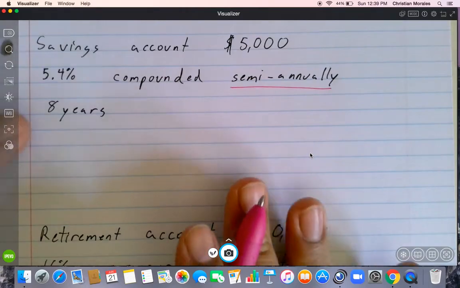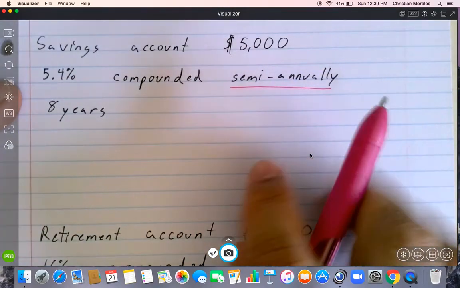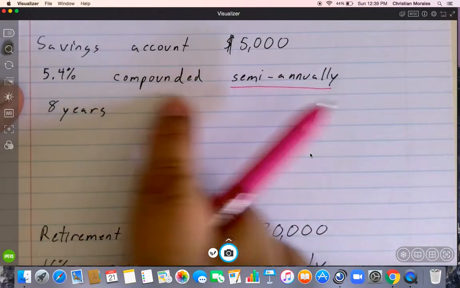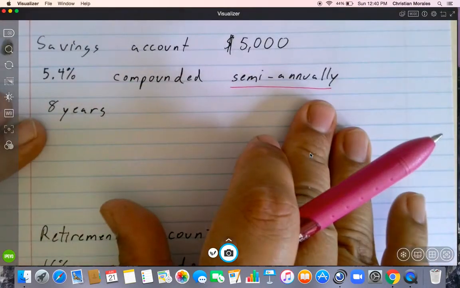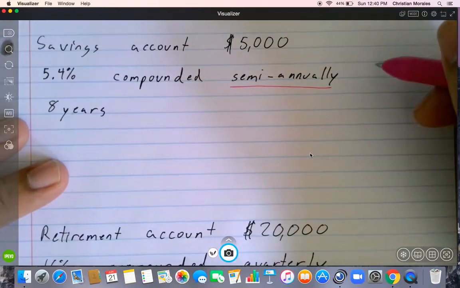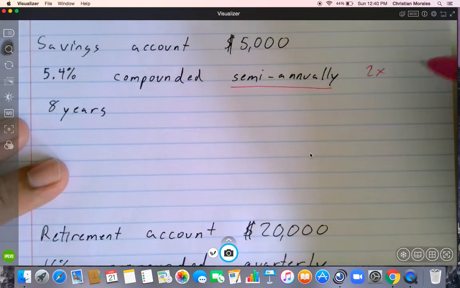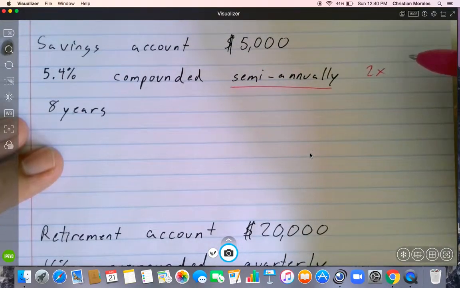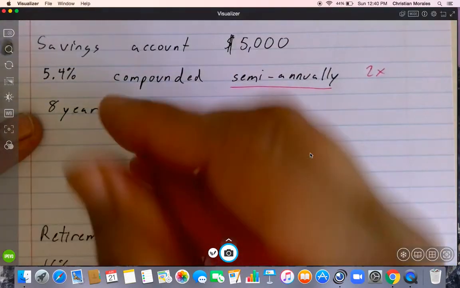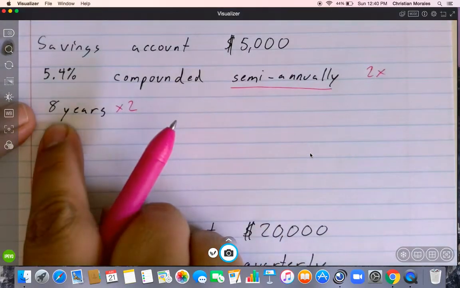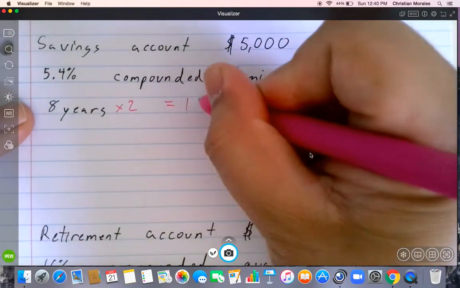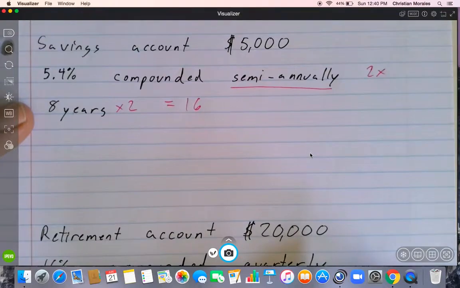So let's say you have a savings account of $5,000 with 5.4% interest compounded semi-annually for 8 years. Semi-annually means twice a year. So what you're going to do to the years is multiply by 2, because you're not going to get compound interest 8 times, you're going to get it 16 times. Now, another thing.